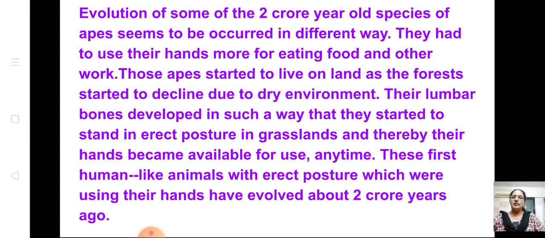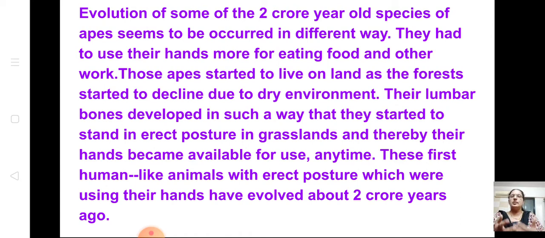So slowly this evolution of man also, I will send a video. You can see how first the ancestors were using legs and hands to walk. Then slowly, when evolution took place, they started using their hands more for eating food and other work. Those apes started to live on land, and as the forest declined due to the dry environment, their lumbar bones developed in such a way that they started to stand in erect posture in grasslands, and thereby their hands became available for use anytime.